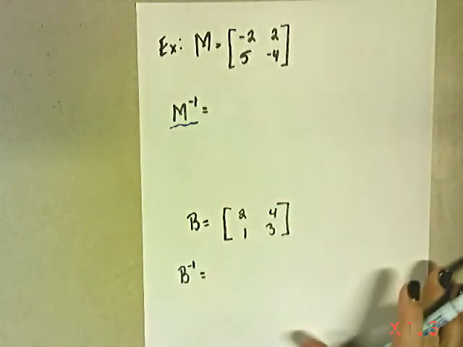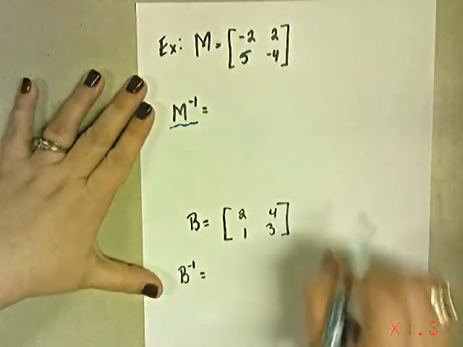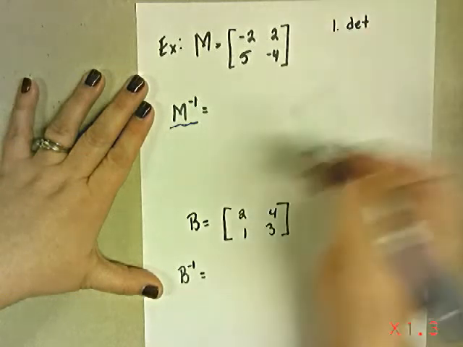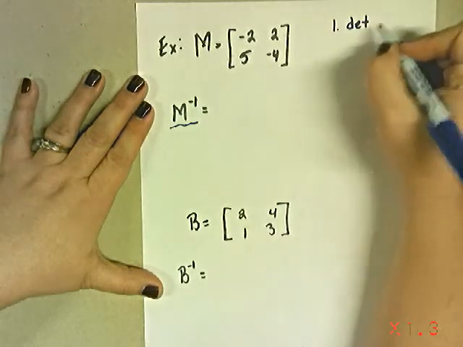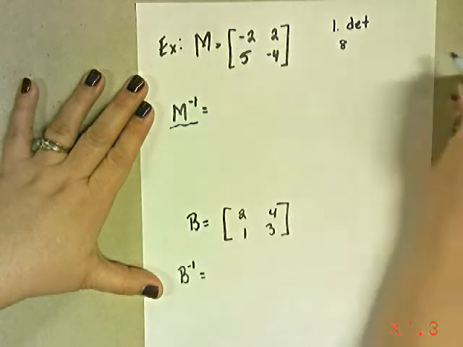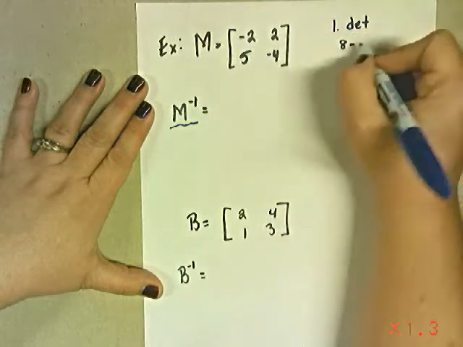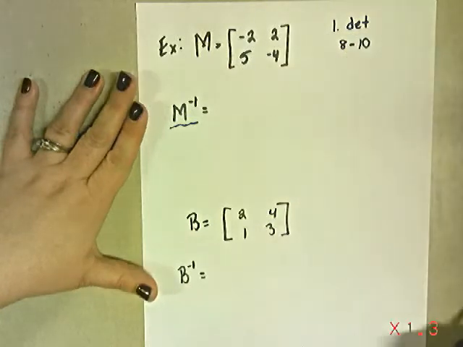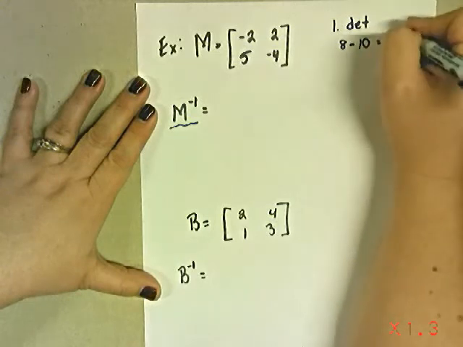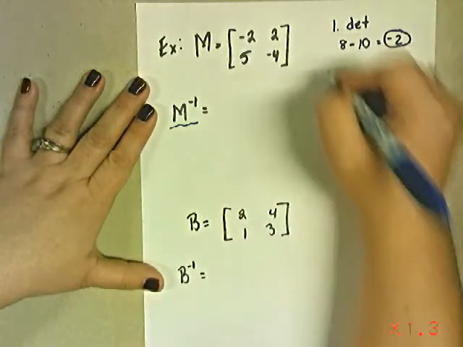So let's go through the 3 steps again. Step number 1, find the determinant. Our determinant is -2 times -4, which is +8, minus 5 times 2, which is 10. So 8 minus 10. That's -2. So our determinant is -2.